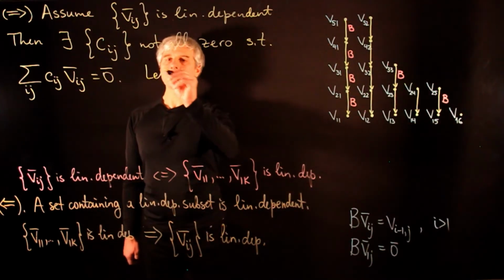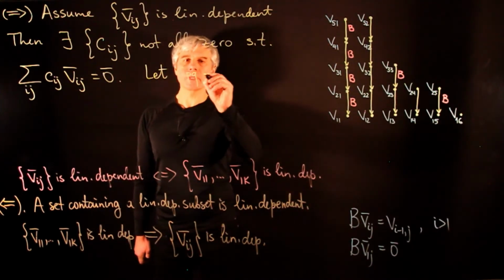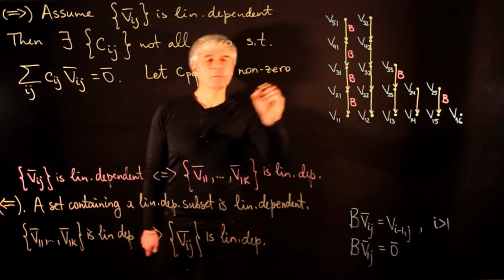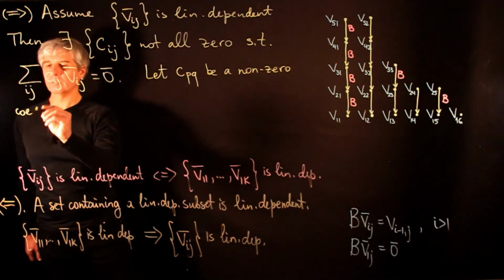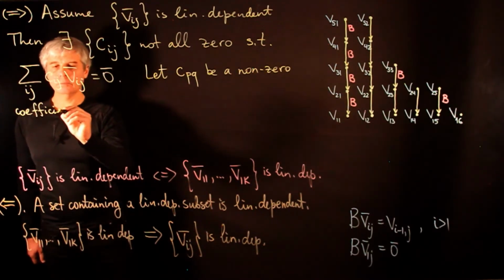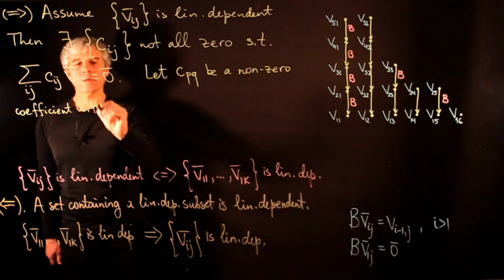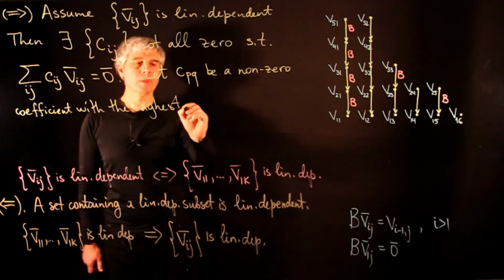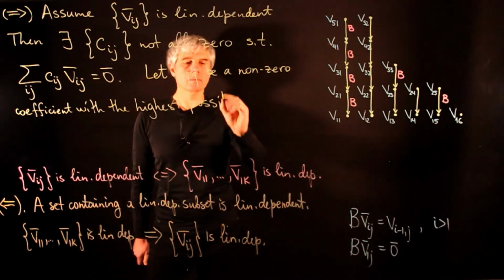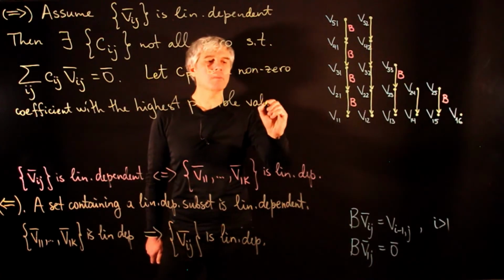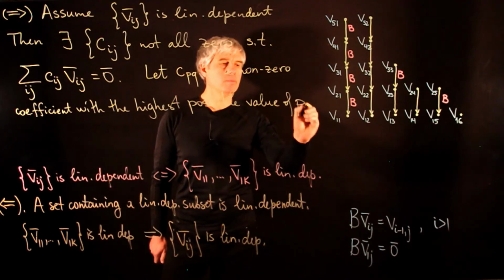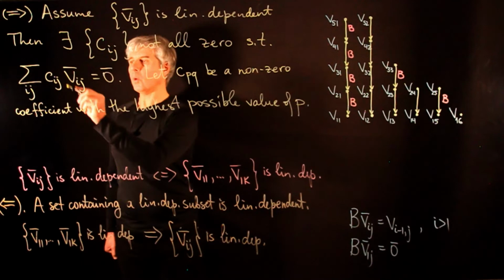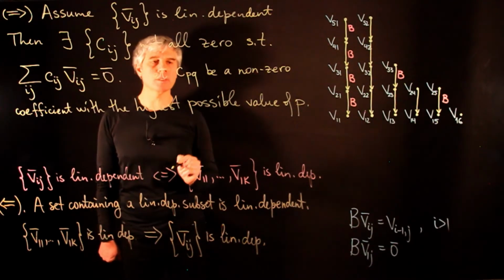Let Cpq be a non-zero coefficient with the highest possible value of p. This means that for i greater than p, all the coefficients Cij will be 0.